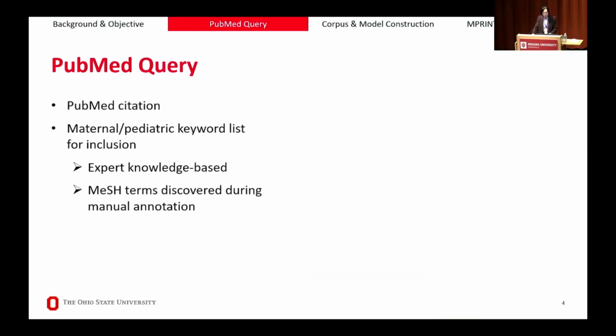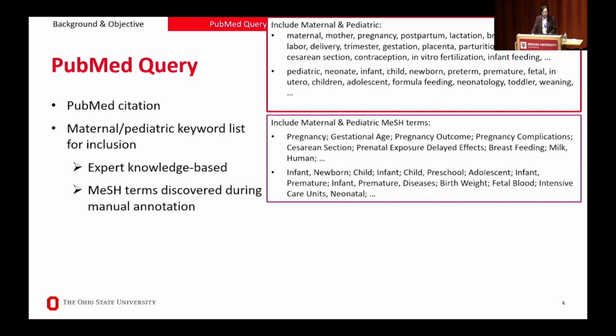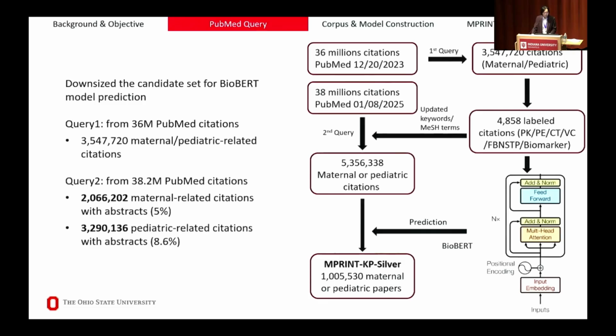So in the first step, we use all PubMed citations as the data source to filter out the maternal and pediatric related research with the keywords curated by the experts, the related match term list, while excluding the animal studies, in vitro studies, and reviews.